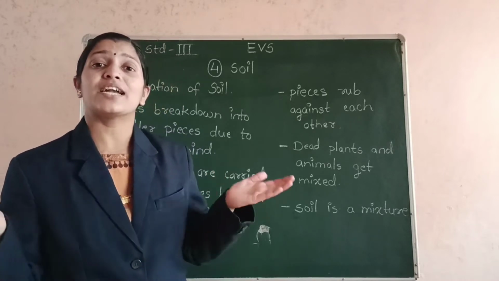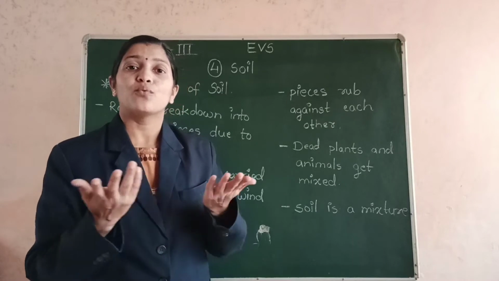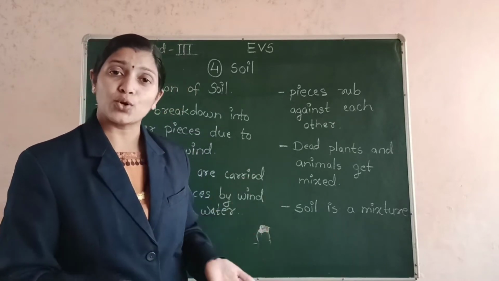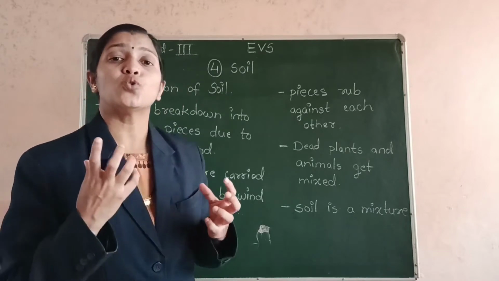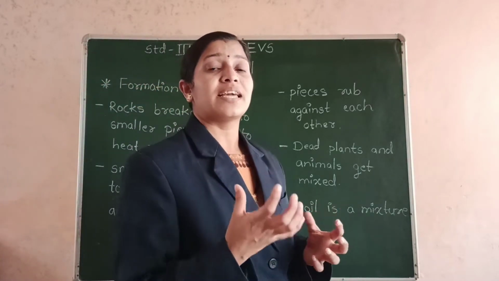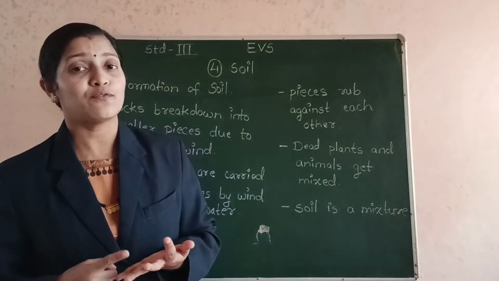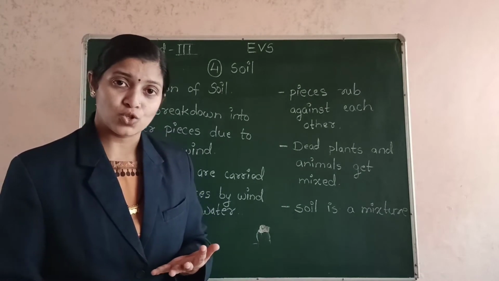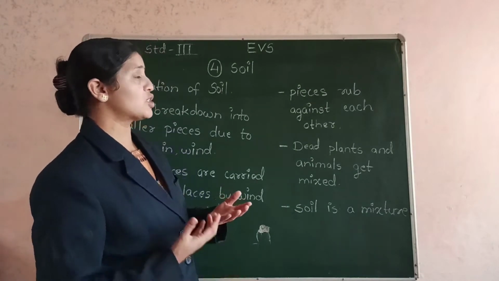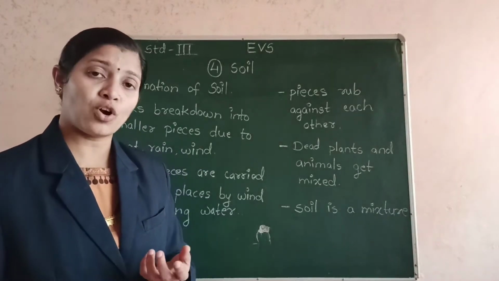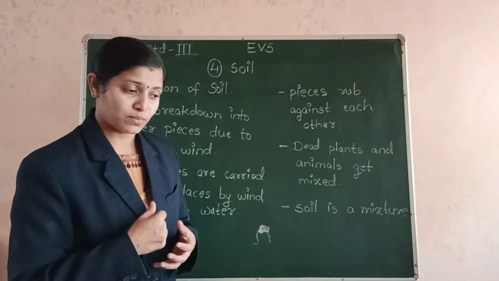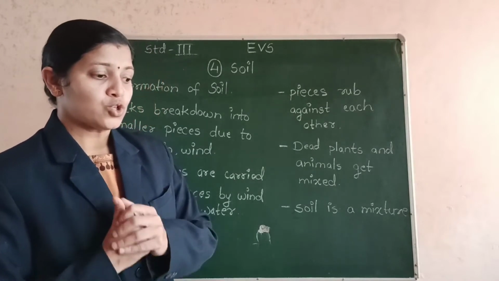The plants that grow around us, where do they grow? They grow in the soil. Yes, the roots of the plants get minerals and water from the soil, and the plants grow with the help of these minerals and water.